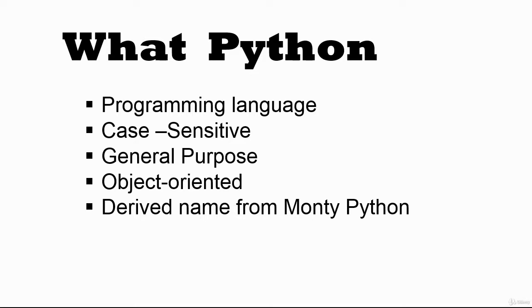We learned that Python is an object-oriented programming language. It treats everything as an object. Python borrowed its name from the British comedy group known as Monty Python.